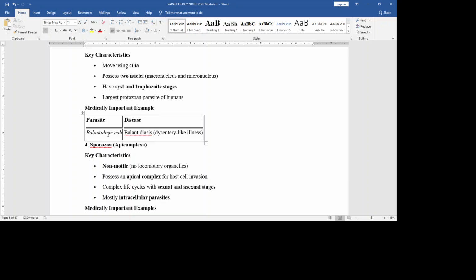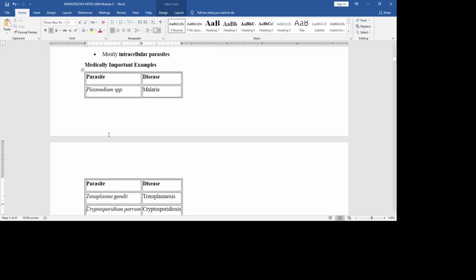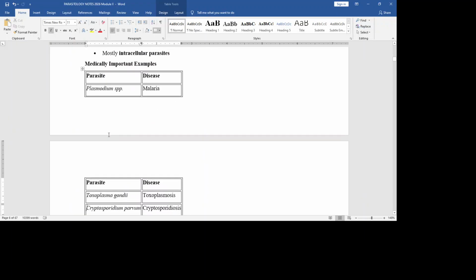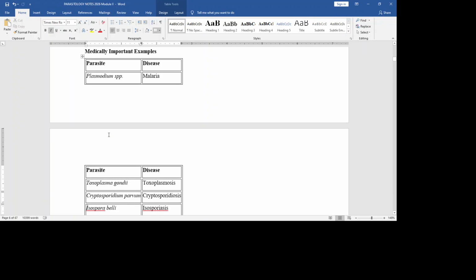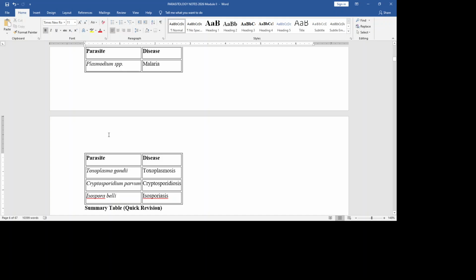And one other unique feature with them is that they are strictly obligate intracellular parasites. These are represented by the Plasmodium, which causes malaria. We have Toxoplasma gondii, which causes toxoplasmosis. We have Cryptosporidium and Isospora belli.